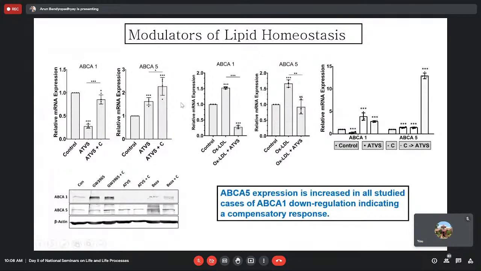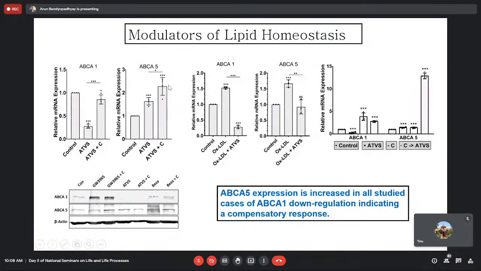And we have also checked what is happening in response to a lipid modulator like atorvastatin. Atorvastatin is a statin, which you know is used to inhibit cholesterol synthesis. So if you decrease the cholesterol by atorvastatin, ABCA1 is decreased. But if you increase with a high cholesterol concentration, ABCA1 is certainly increased to some extent to manage the cholesterol.